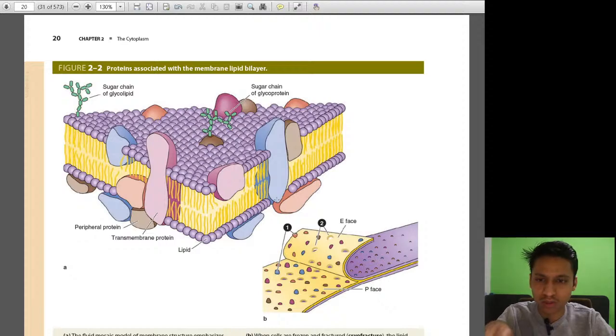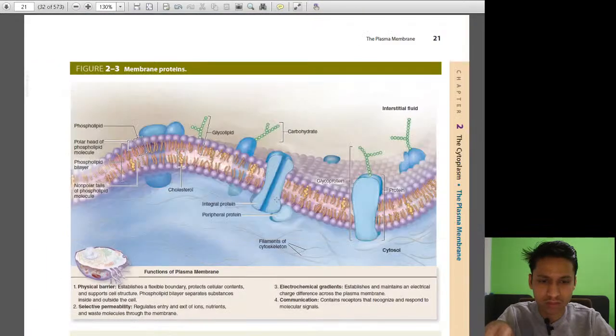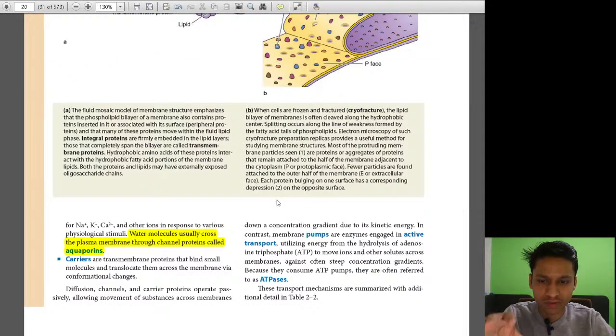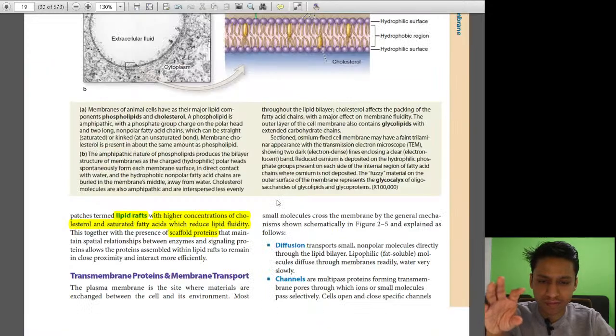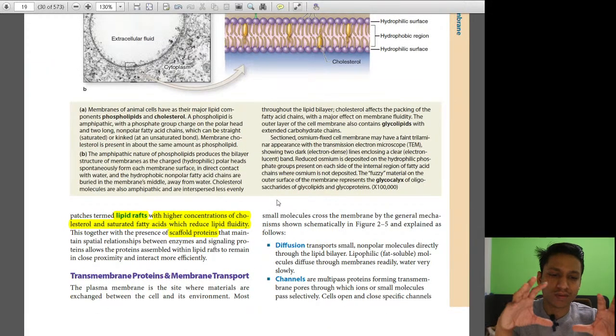Okay, so we have diffusion. Diffusion transports small non-polar molecules directly through the lipid bilayer. Direct transport. Lipophilic, that is fat soluble molecules, diffuse through the membrane rapidly, water very slowly.